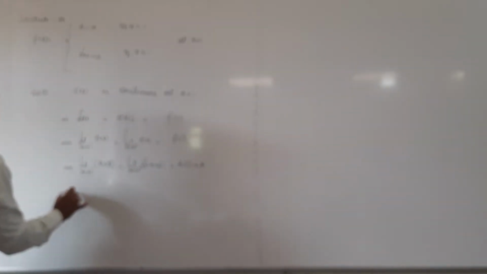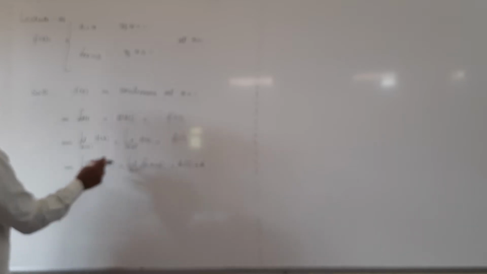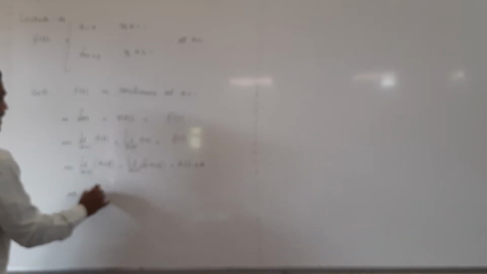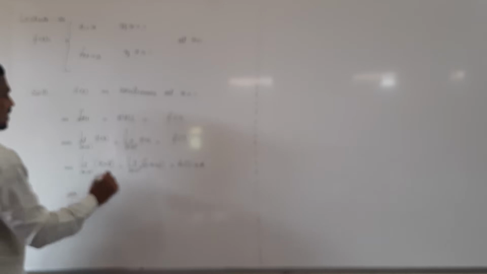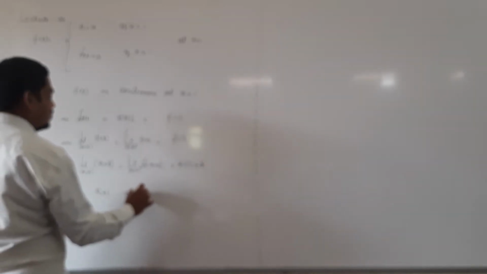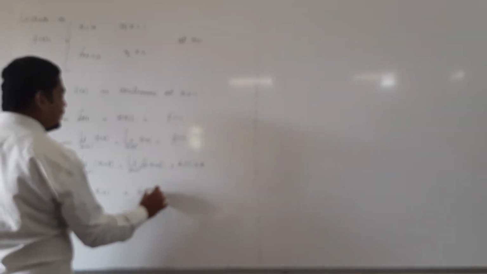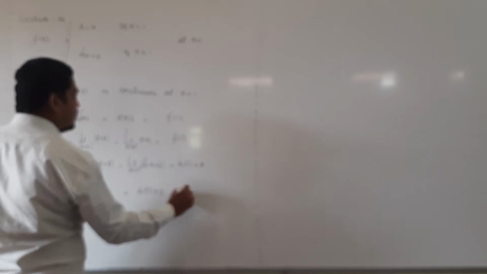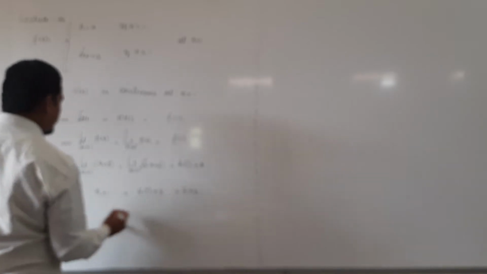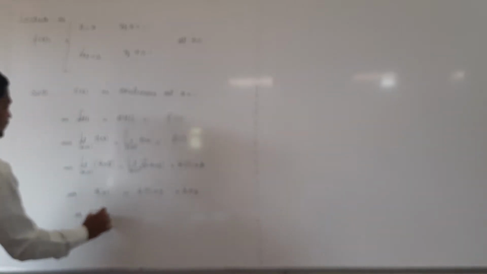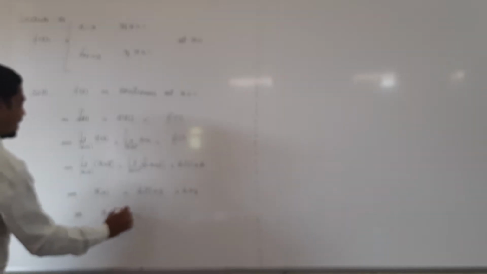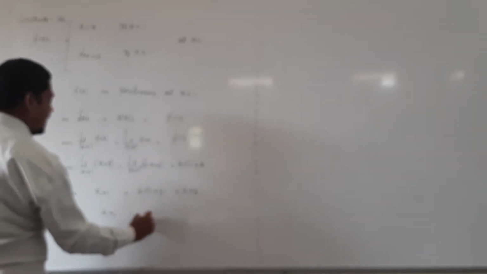Now put x value 1 here, then it will be k plus 1 is equal to 4 into 1 plus 3, that's equal to 4 plus 3. Now k plus 1 equal to 7.